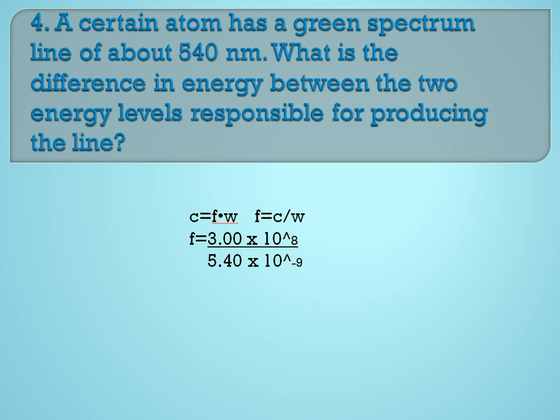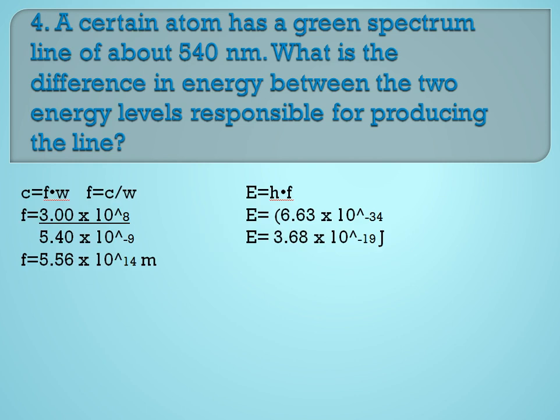So first, we're going to do c equals f times w, and if we're solving for f, it'll be c over w. So we're going to have our constant for c, and then we're going to convert the 540 nanometers, and we're going to make it 5.4 times 10 to the 9th power. And after you do that, your frequency is going to be 5.56 times 10 to the 14th.